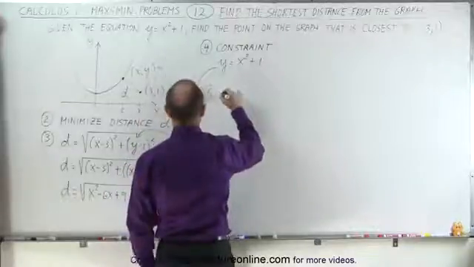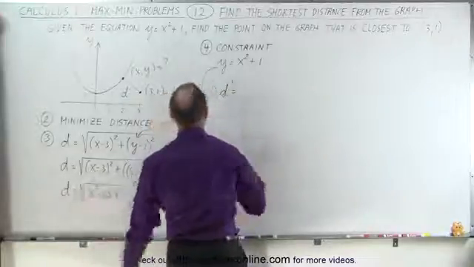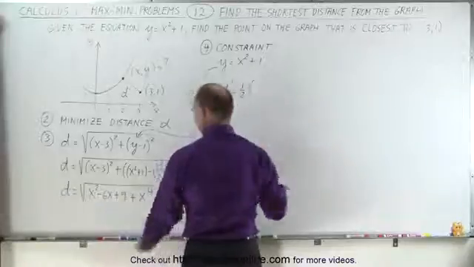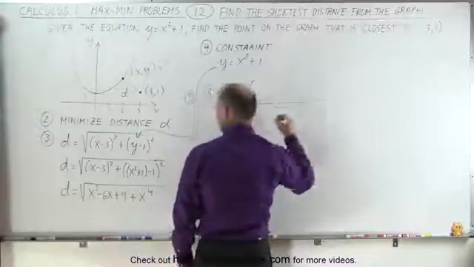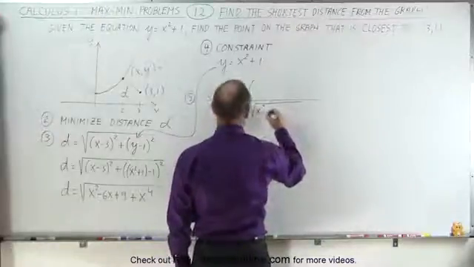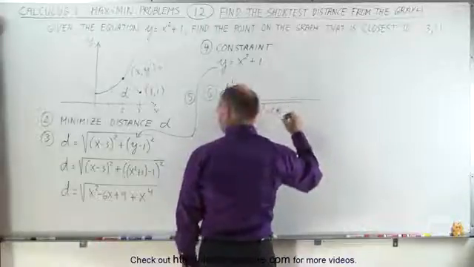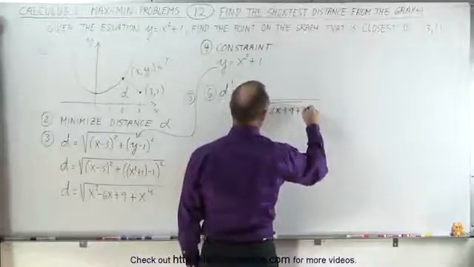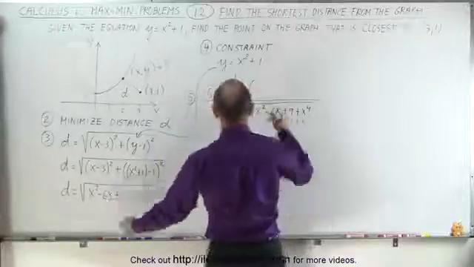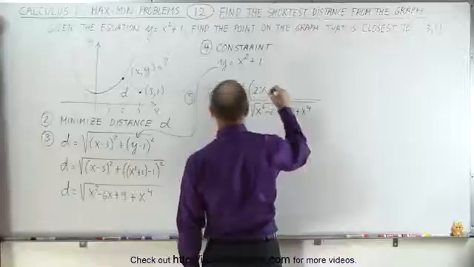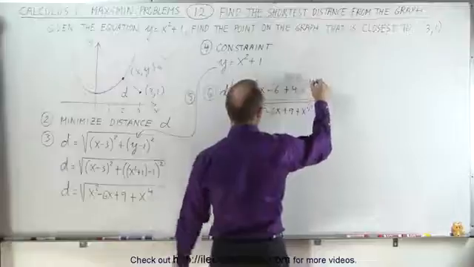Step 6, we take the derivative. d prime is equal to, so we have the contents to the 1/2 power, so it's 1/2 times this quantity to the minus 1/2 power, which puts it in the denominator, the square root of x squared minus 6x plus 9 plus x to the 4th power, and then times the derivative of what's inside, which goes in the numerator, which gives us 2x minus 6 plus 4x cubed.